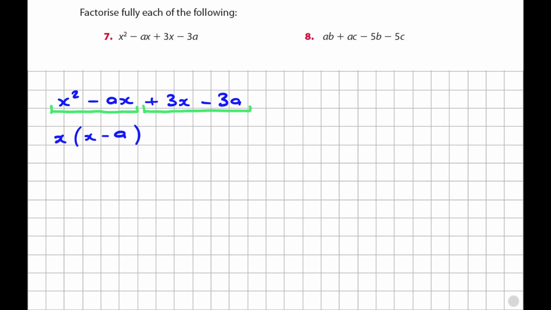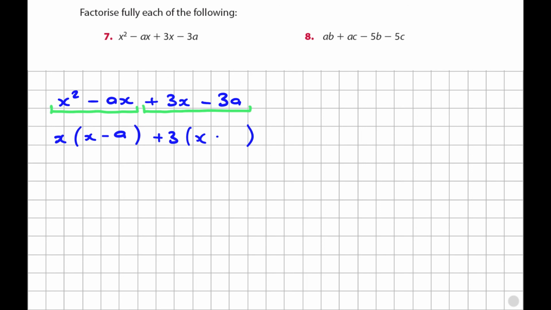Okay, I now need to take out the common term from my last 2 terms, and I can see there the common term is going to be plus 3. So plus 3 times something will give me 3x, and it's going to be x. And plus 3 times something gives me negative 3a, so it's going to be negative 3.